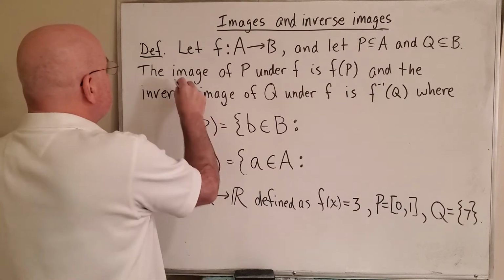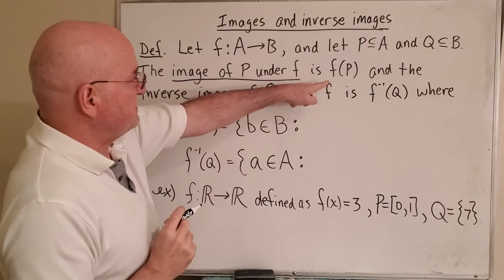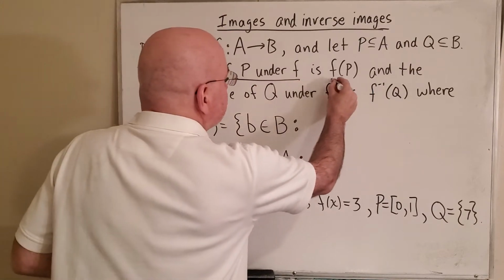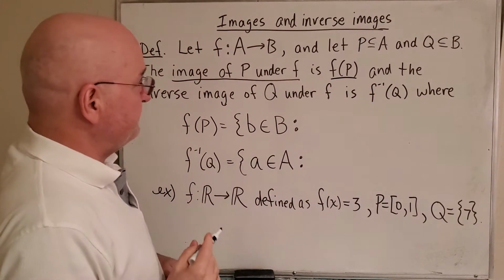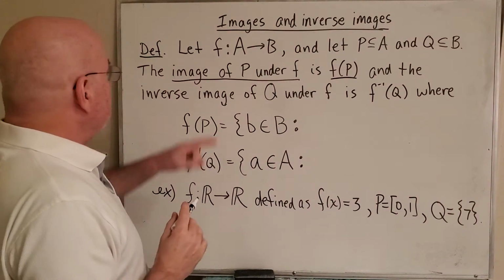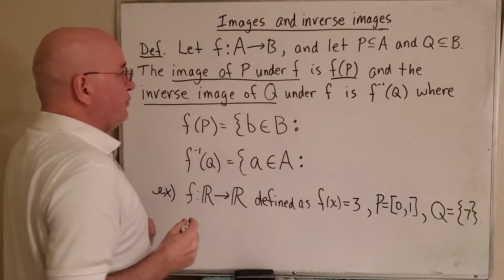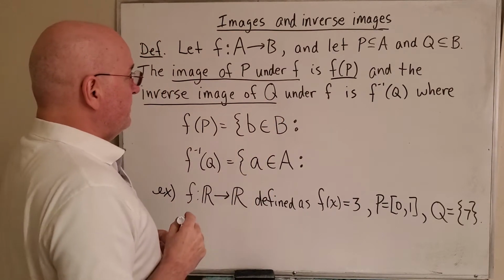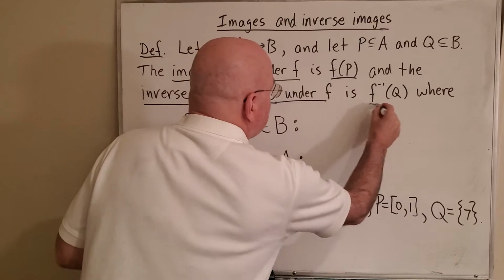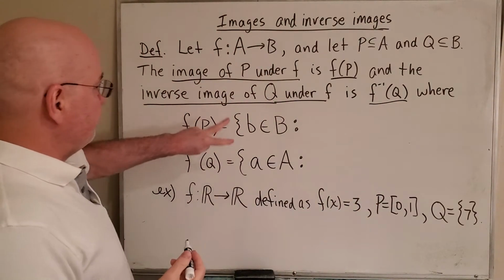The image of P under F is just denoted by this. That's how we denote it, and we'll define it down here below. And the inverse image of Q under F, we denote that as F inverse of Q. And I'm going to define them here.